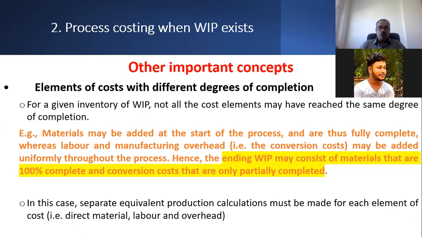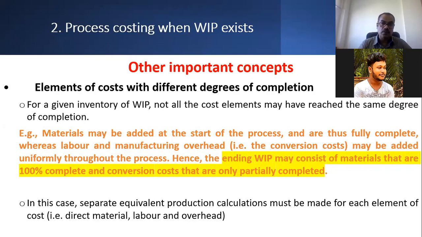This is the important point I just told you. The complication I already explained. In real life situations, products may be at different completion levels. And not only that, unfinished products may be at different completion levels.